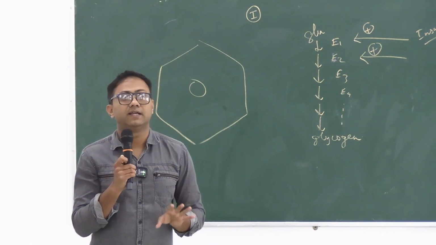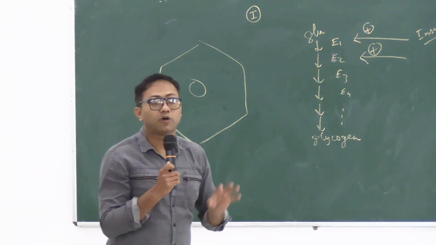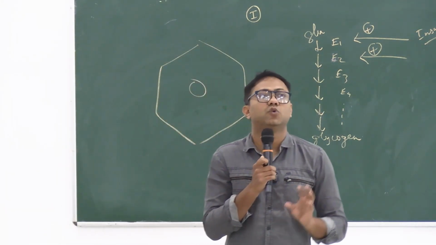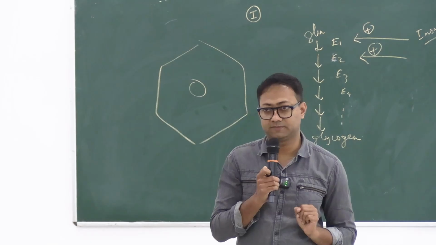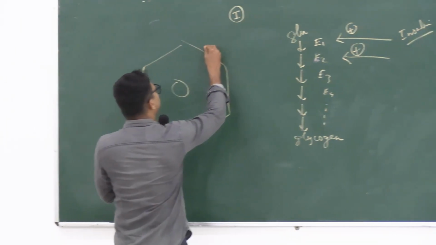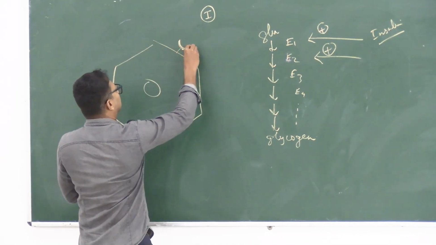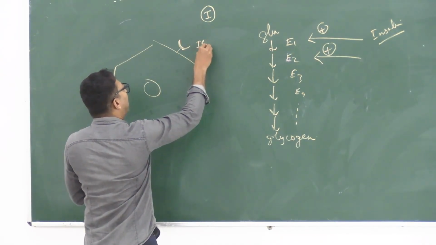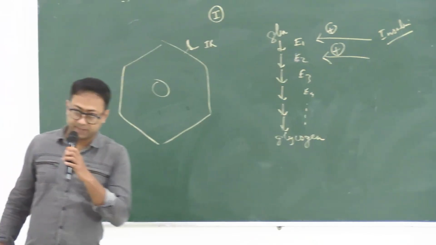So this is why insulin has to bind on the cell surface receptor, which is specific for insulin. Clear? So we have a cell surface receptor. It is called IR or insulin receptor.